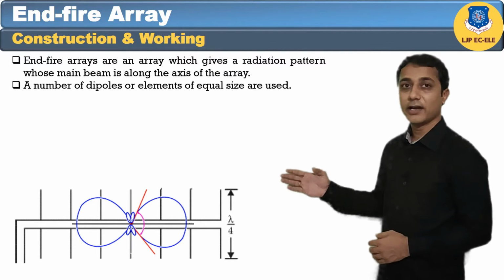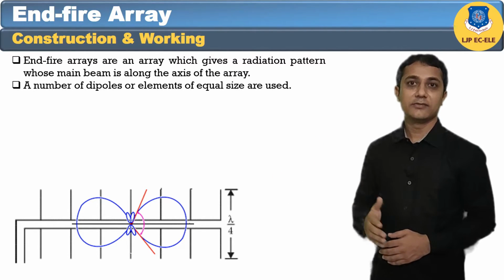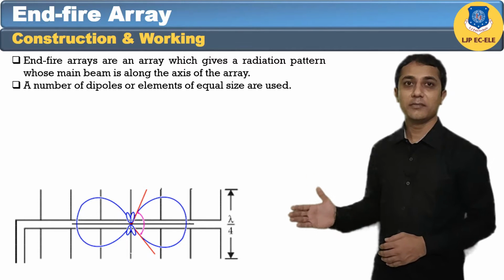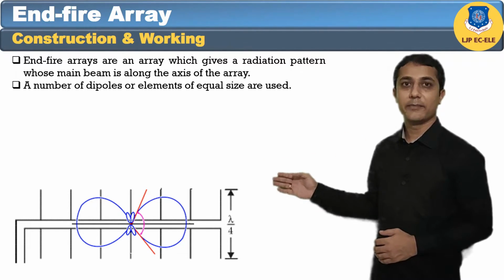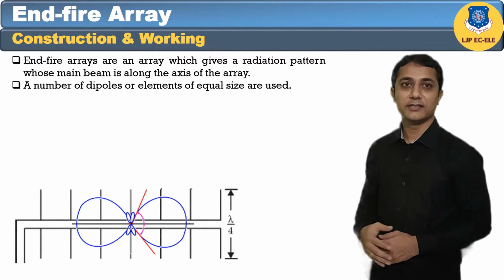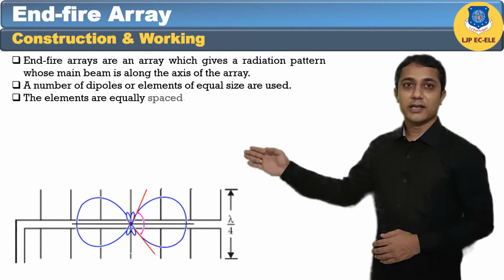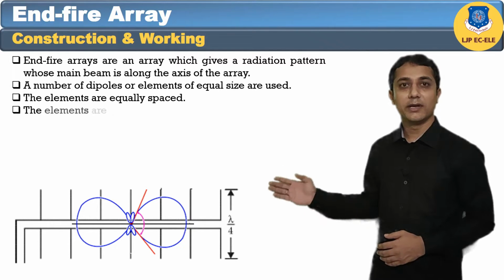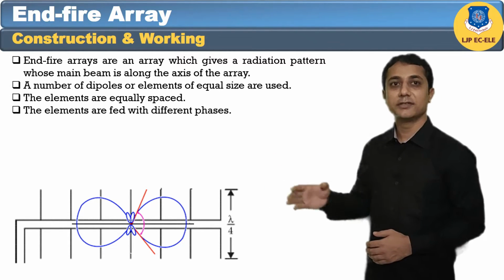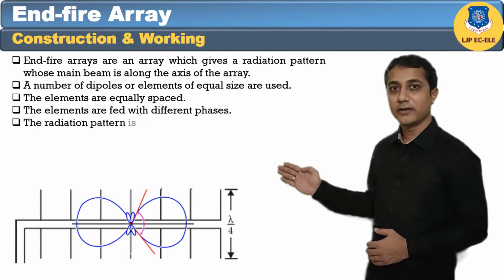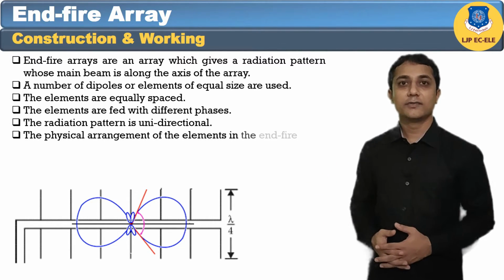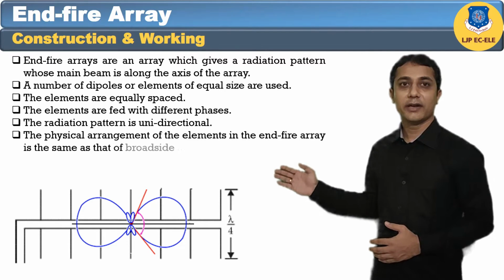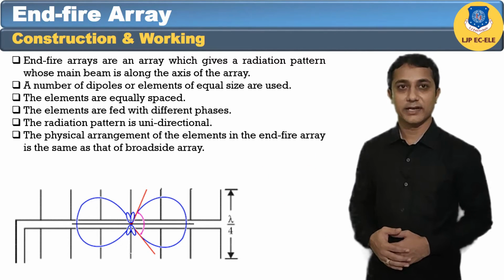So end fire array is an array which gives radiation pattern whose main beam is along the axis of array. The number of dipoles or elements are equal in size. The elements are equally spaced. Elements are fed with different phase. The radiation pattern is unidirectional. The physical arrangement of the elements in end-fire array is same as that of the broadside array.